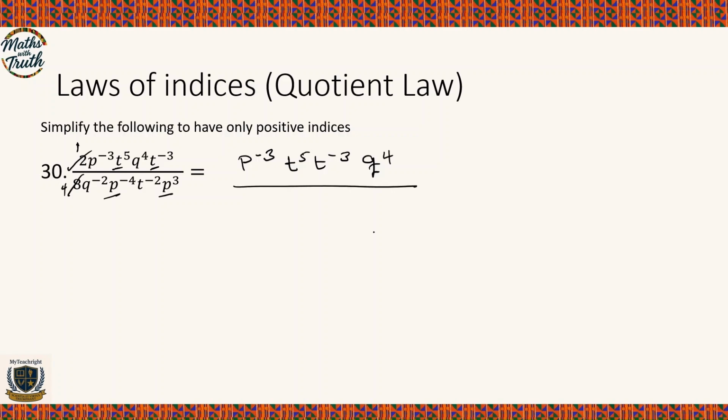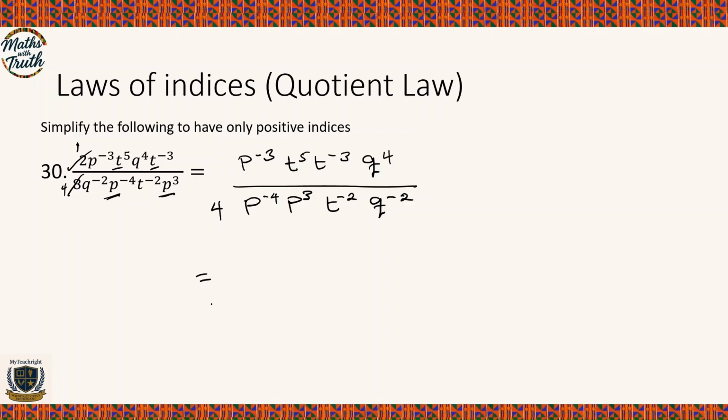All this divided by 4 times, well, let's write the p's, yeah? So p exponent -4 and p exponent 3, let's then write the t exponent -2, and then q exponent -2.